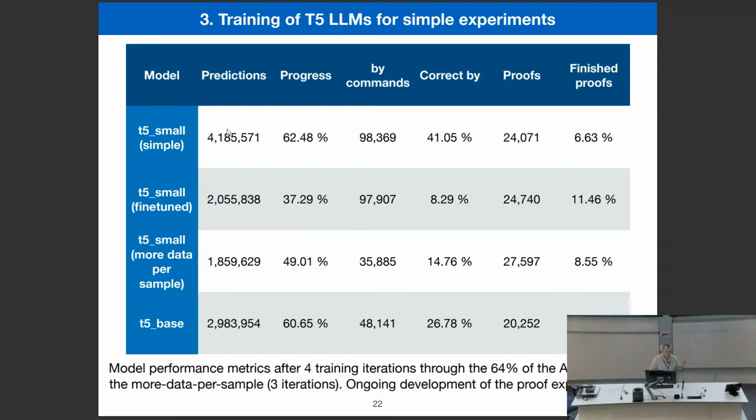focused on Isabelle. So I compare here the pre-trained version and the fine-tuned version, and the data that we supply. For this one it is just the Isabelle proof up to that point, plus the user state. For this version here it is the Isabelle proof up to that point, the user state, keywords, and theorems that were useful for the user. I was expecting to see some kind of premise selection from the models, but it apparently was not enough.